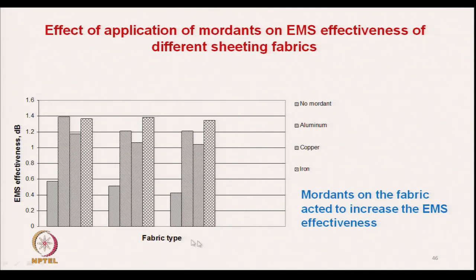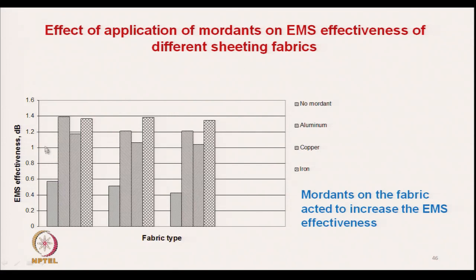And the last part we have reached. Here the effect of mordant on cotton fabric has been studied. The first bar is showing the fabric without any mordant, and the other bars are showing aluminum as mordant, copper as mordant, and iron as mordant.